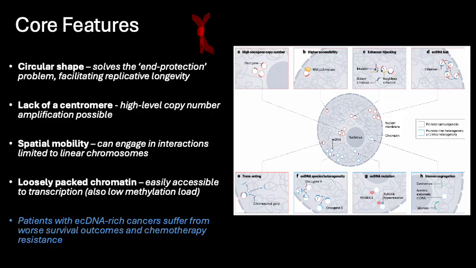Also, this loosely packed chromatin lends itself to a low methylation load. If you know anything about epigenetics, methylation actually silences gene transcription. And so because there's a low methylation load, this only adds to the easy access to transcription that ecDNA features. This is why patients with ecDNA-rich cancer suffer from worse survival outcomes and chemotherapy resistance over time.